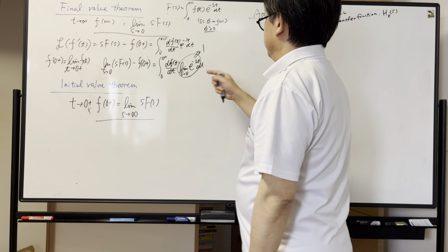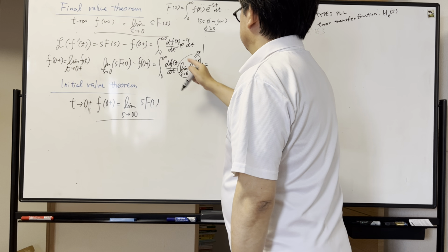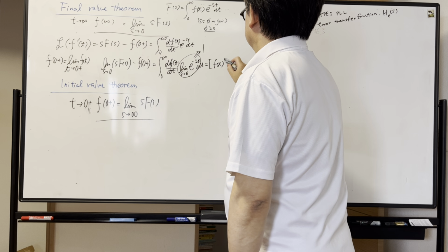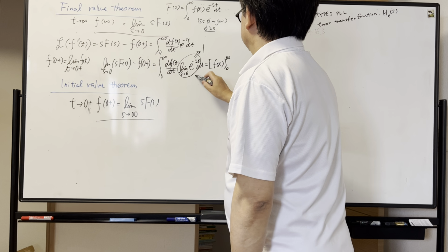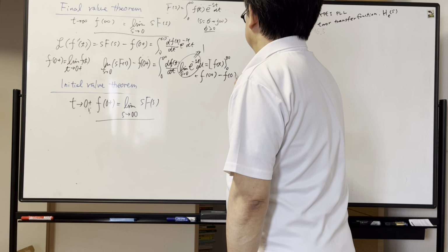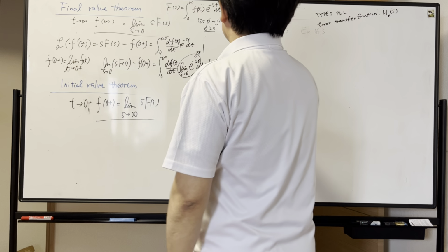Roughly speaking, it's 1. So the integral of df/dt gives f(t) from 0 to infinity, which is f of infinity minus f(0), and f(0) cancels out.